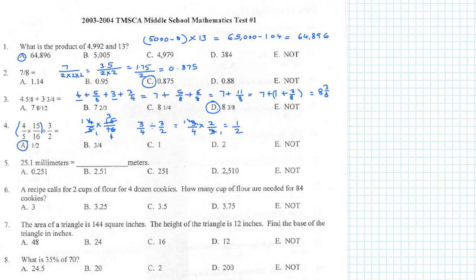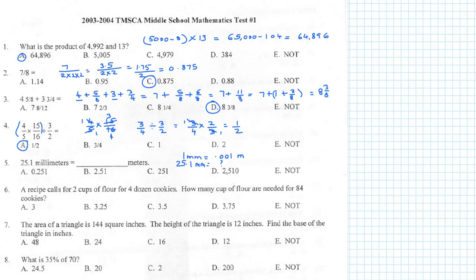Question number 5. 25.1 millimeters is equal to how many meters? So we know that 1 millimeter is equal to 0.001 meters. So 25.1 millimeters will be equal to how many meters?